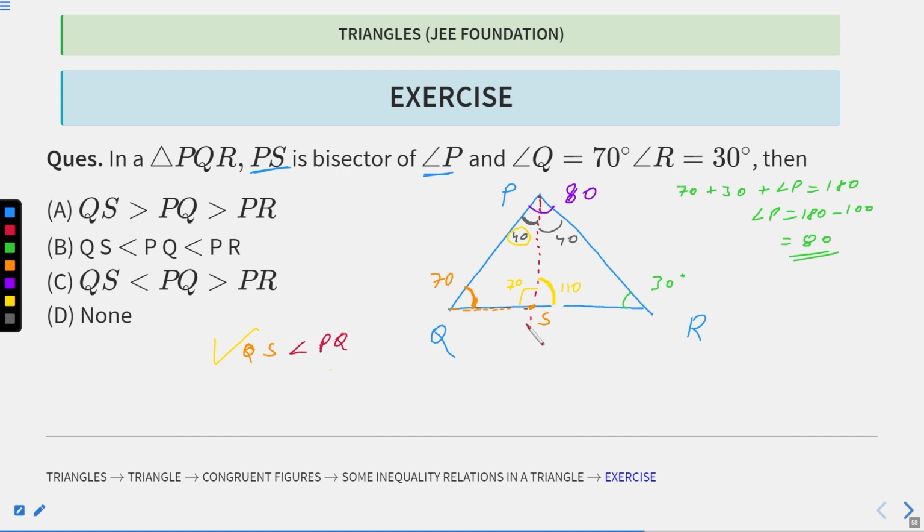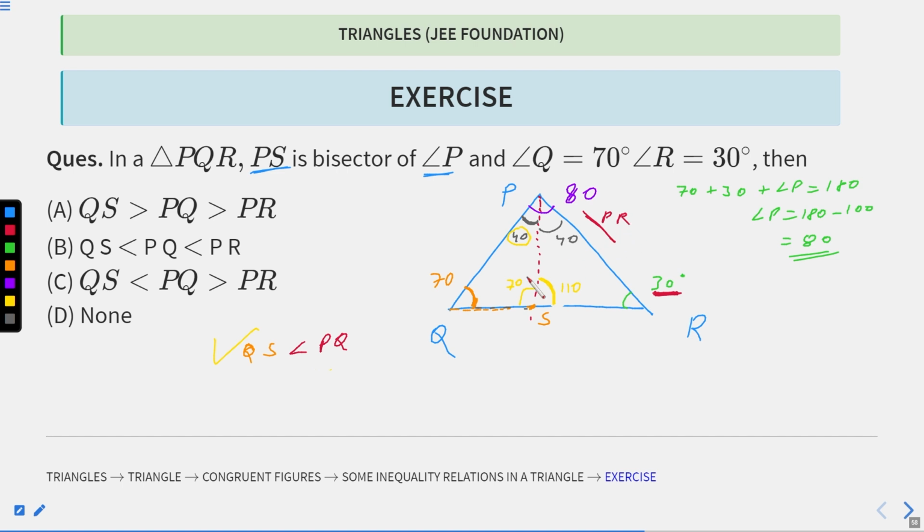Now what is my PQ? PQ is this side, and opposite to this side is the angle of 30 degrees.